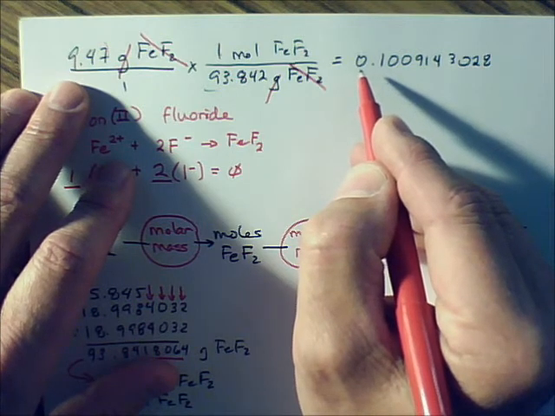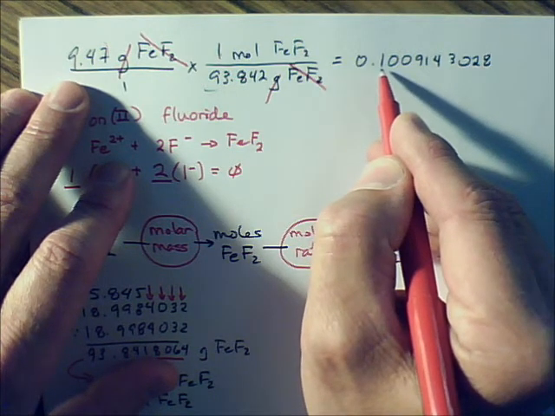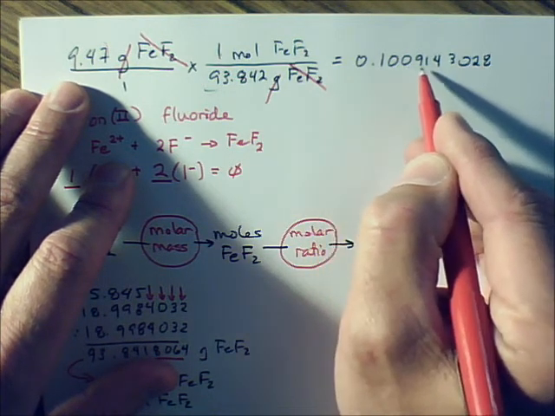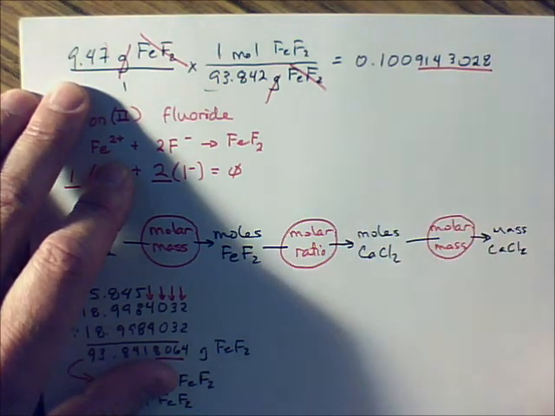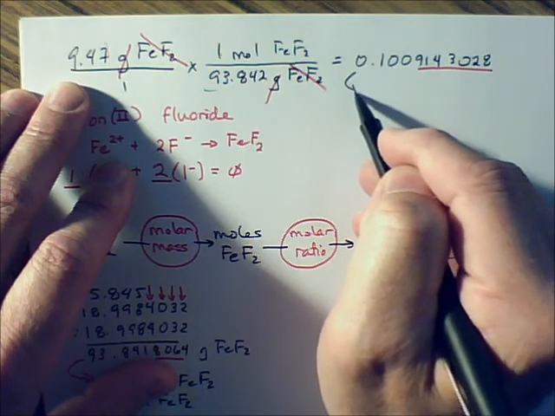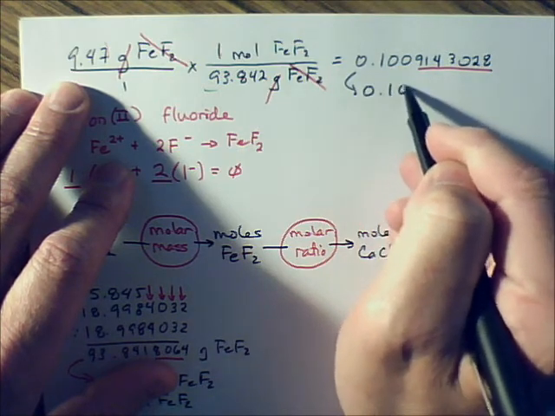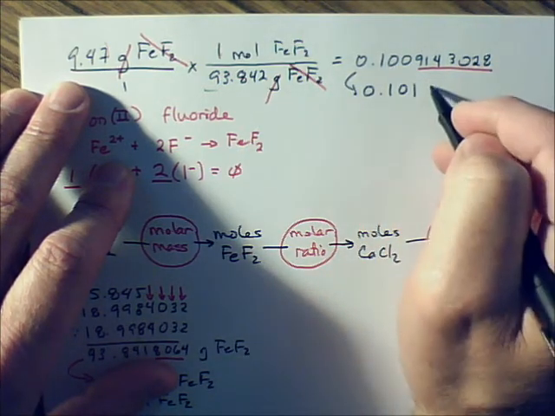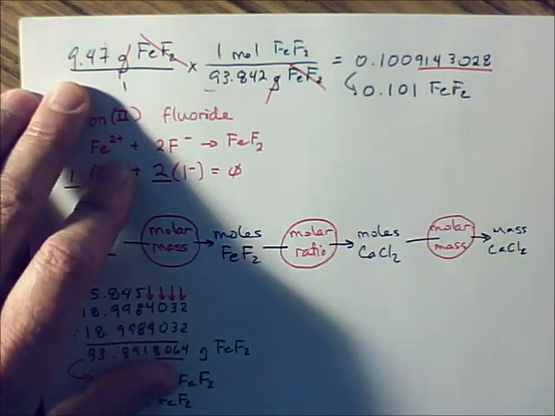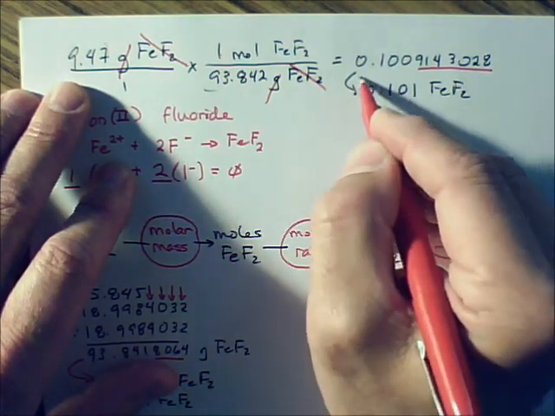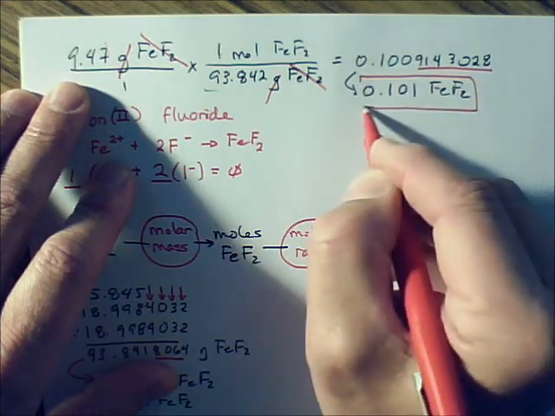Leading zeros are not significant, so our first significant digit is the 1, and these two are significant, so we underline everything after that. We're going to round it off to 0.101, I heard Shane say. Okay, and there's the answer for this first stage of this solution to our overall problem.